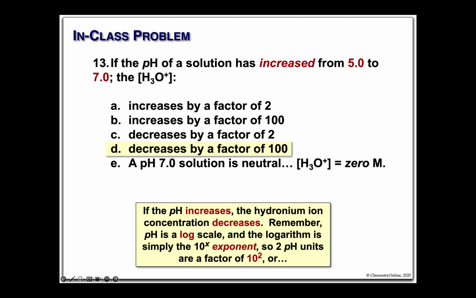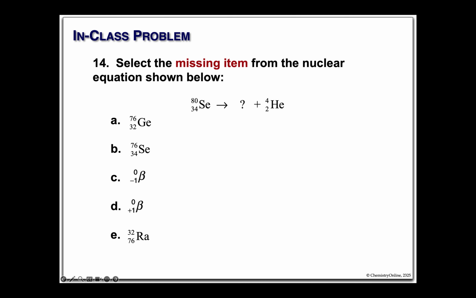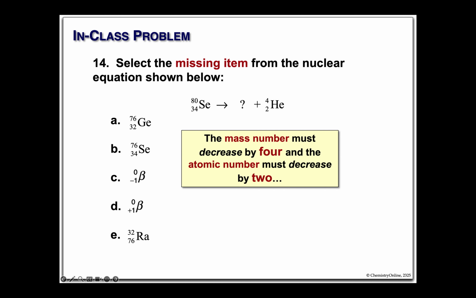All right, let's do a chapter 11 problem. We have selenium 80. It loses an alpha particle. That means the mass number is going to drop by 4. The atomic number will drop by 2. So we pull out our periodic table, find selenium, take 2 off the atomic number. Let's see what element we're at.